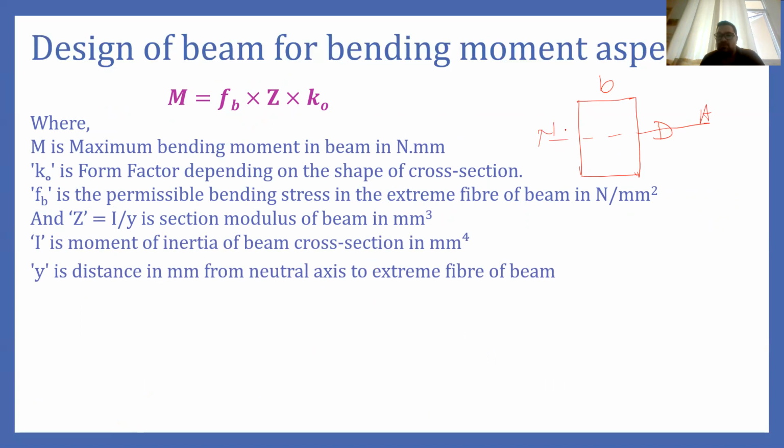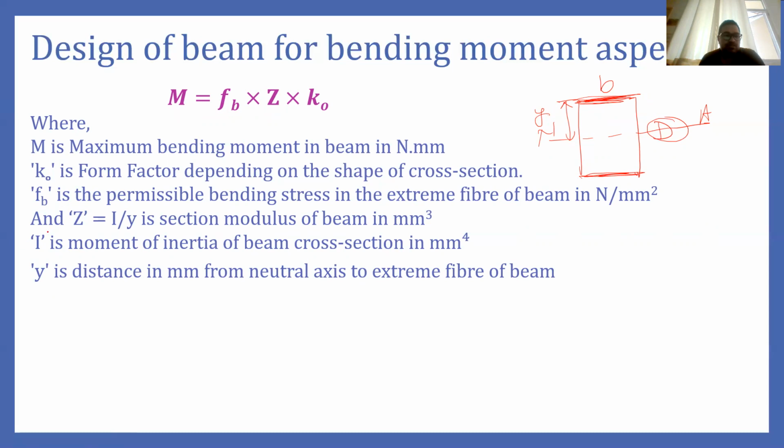the value of y will be measured from the neutral axis to the extreme fiber, because we are supposed to find the maximum bending stress, and that will occur at the topmost or lowermost fiber. So we always measure y max, and if the whole depth is d, it will be d by 2.